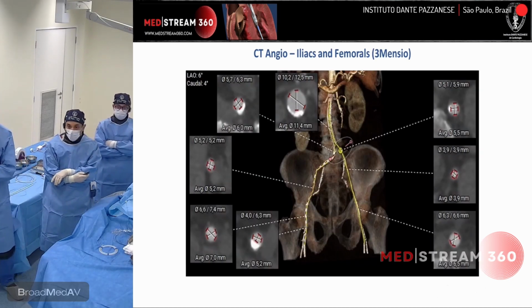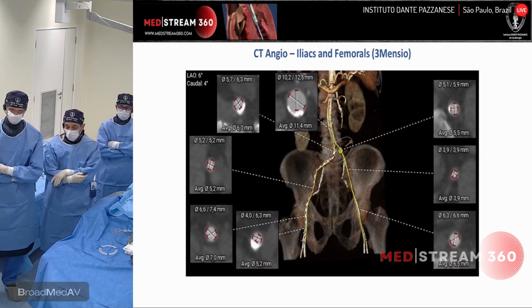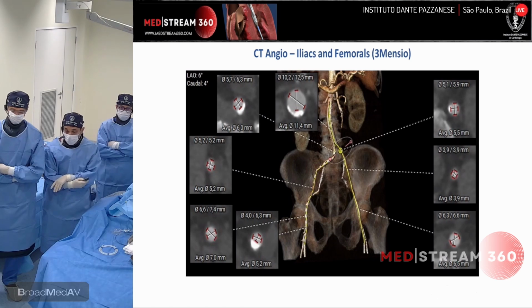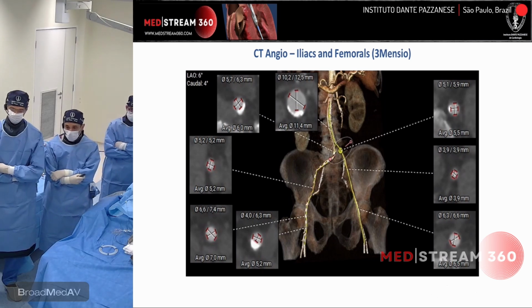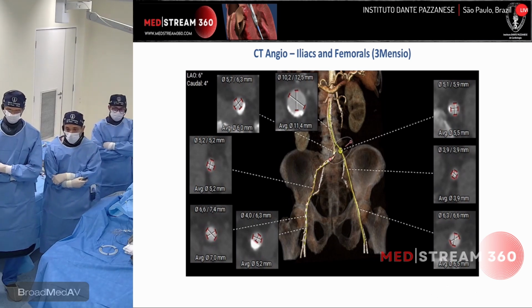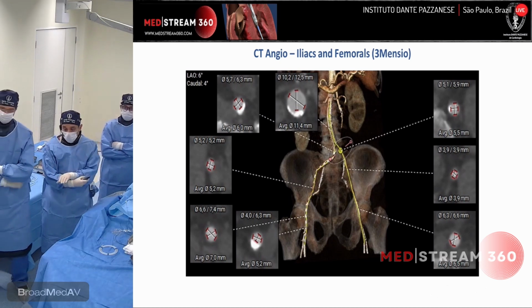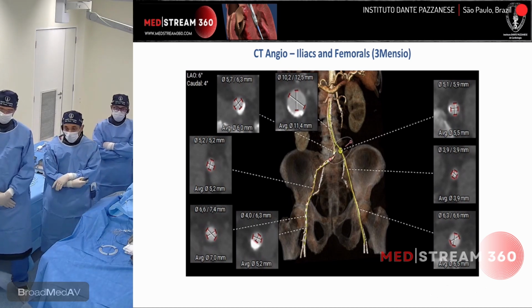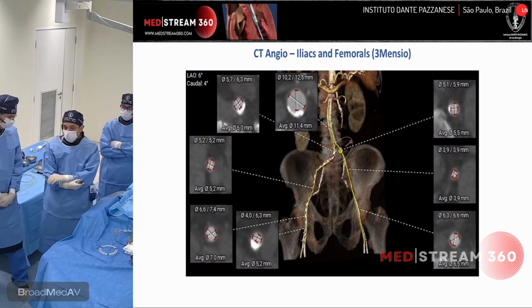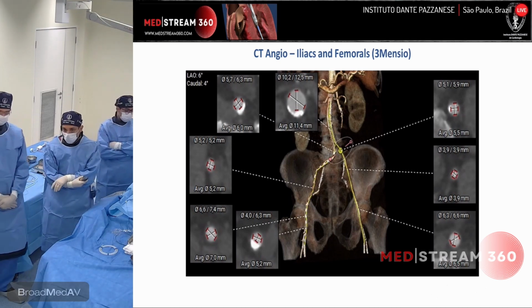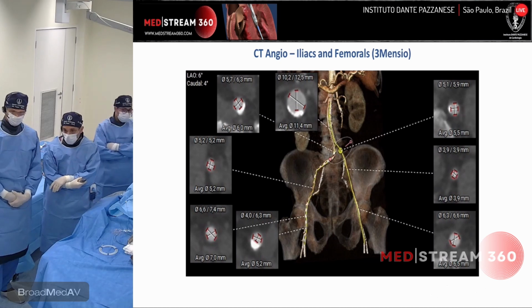And here, Fausto, we performed a CT reconstruction of the axis, the femoral and iliacs, and you can see that this patient has diffuse disease and small diameters. So I think that this is our major concern related to this case.